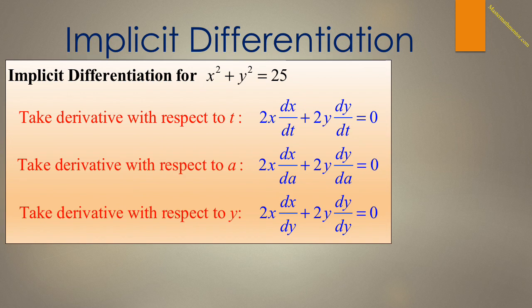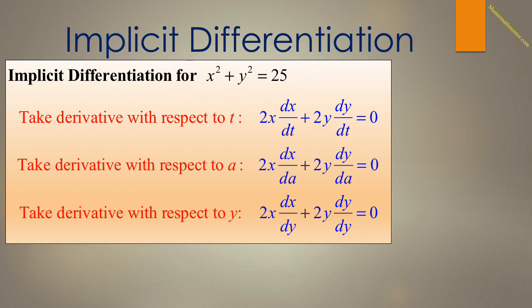So, working with the equation x squared plus y squared equals 25, if I want to implicitly differentiate that equation with respect to t, we get 2x times the derivative of x with respect to t, that's the chain rule, plus 2y times the derivative of y with respect to t equals 0. 2x dx/dt plus 2y dy/dt equals 0.